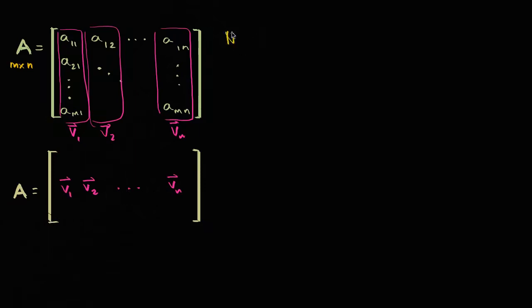The null space of A is equal to the set of all vectors x that are members of Rn, and I'm going to double down on why I'm saying Rn in a second, such that if I take my matrix A and multiply it by one of those x's, I am going to get the 0 vector.